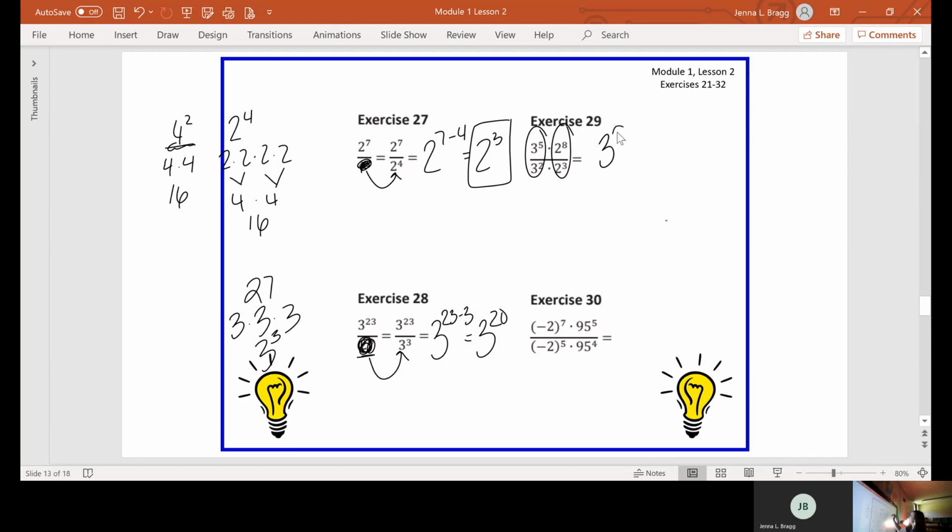So I've got 3 to the 5 minus 2 times 2 to the 8 minus 3, which will give me a final result of 3 to the 3rd times 2 to the 5th. There's no further that you can simplify that, so you have to leave that as your answer.